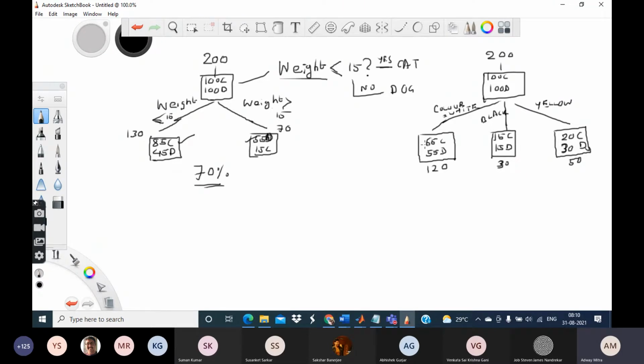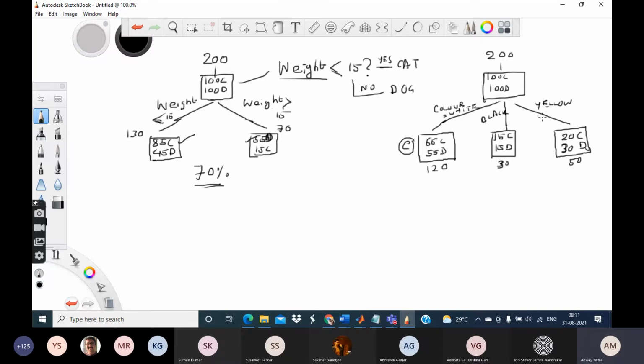Now what we saw yesterday is that the weight split allows us to get 70% accuracy. But if we go for this kind of splitting, then the accuracy will be much lesser. In this case, I decide to classify it as cat because here cats are in the majority. So if the color is white, I will classify it as cat.